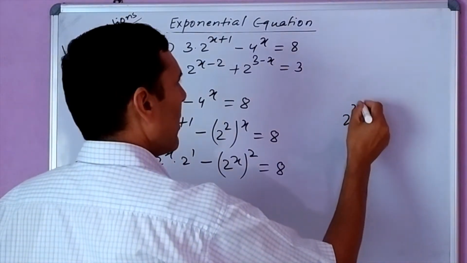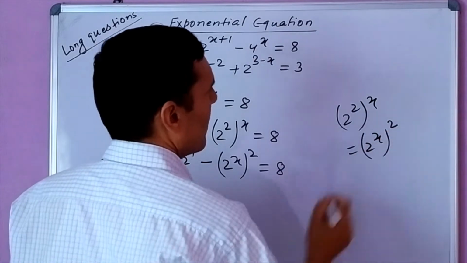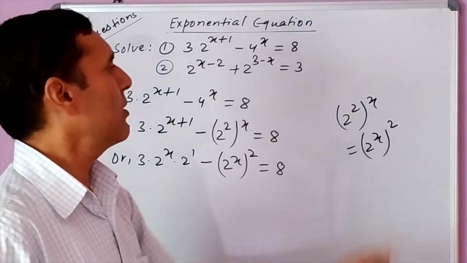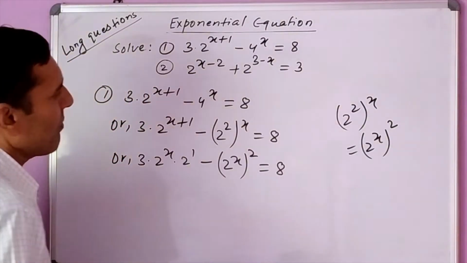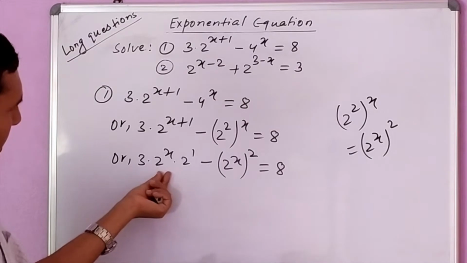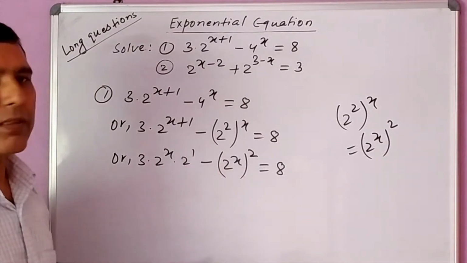To write 2 to the power 2 to the power x or 2 to the power x to the power 2, it is the same thing because powers multiply together. This is 2 to the power 2x, it is also 2 to the power 2x. Here we have the same expression 2 to the power x in the first term as well as in the second term.